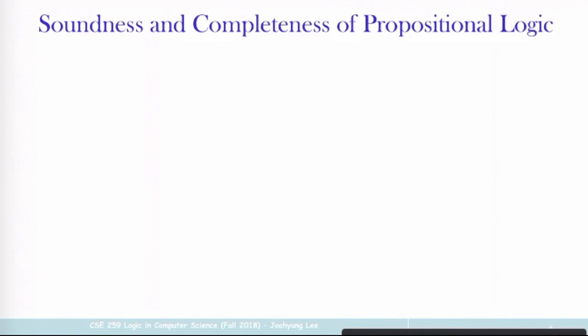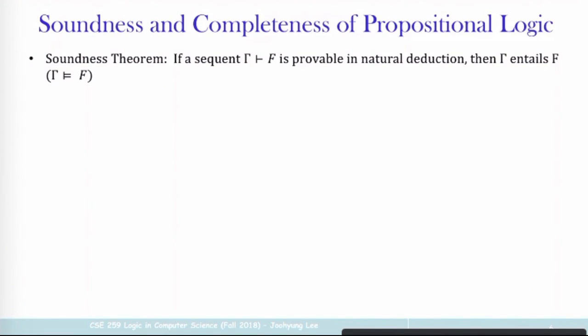Okay, so next we talk about the soundness and completeness theorem. So let's actually review this thing. Soundness means that basically, let me tell you about the history. There are actually two ways to understand propositional logic. One is using only natural deduction. Another is using only satisfaction and entailment and so on. The first thing that we did was only using natural deduction. That was called proof theory. So it's only about the proof, how to write the proof for the sequent.